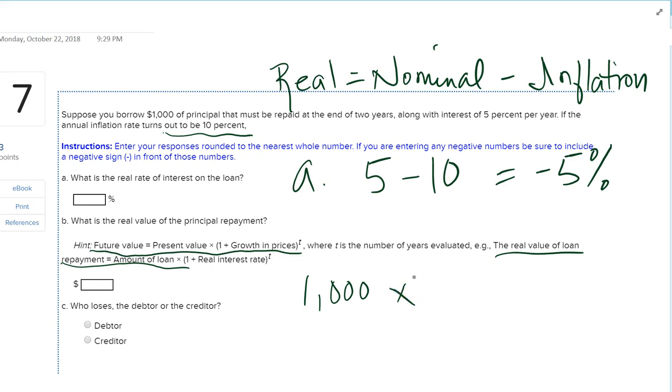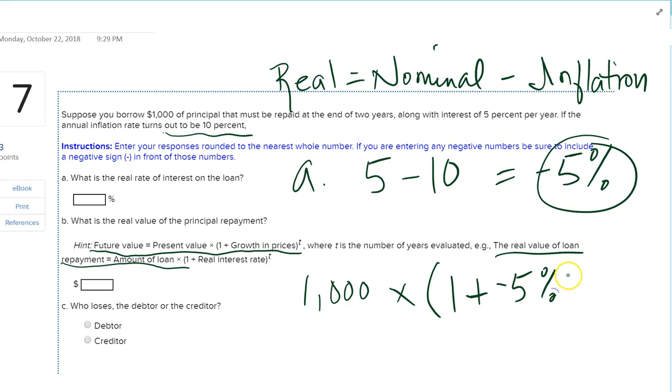We're going to multiply that by 1 plus, now in this case we said our real interest rate is -5%. Watch out for that, because remember it's not just 5, it's 5%, which is going to be 0.05. And in this case, it's a 2-year time period we're dealing with. So it's going to go like that. So here's what it's going to look like when we do the calculation. It's going to be 1,000 times 1 plus -5%.